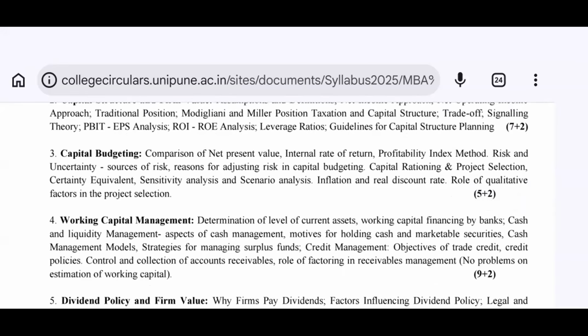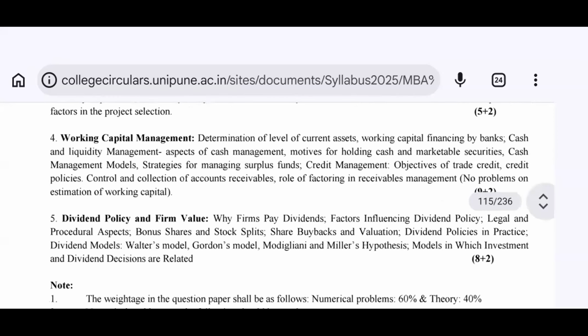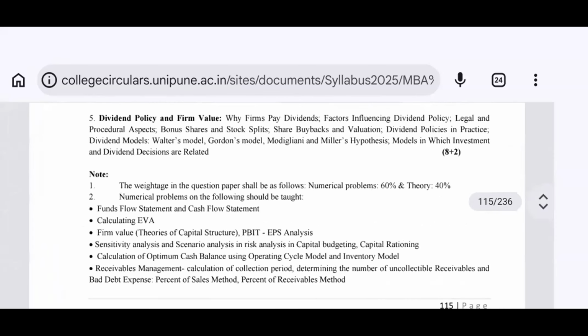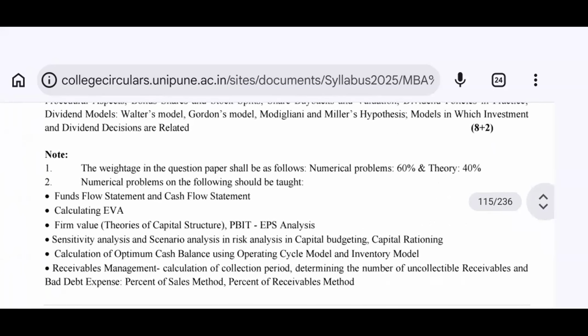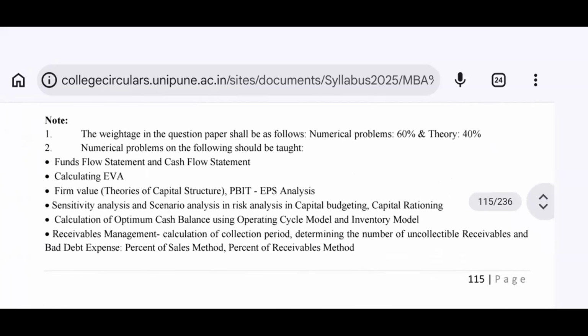Your third unit is capital budgeting. Now, if you just scroll down to the numericals part, they have decided that in this unit, they are not asking the capital budgeting numericals.